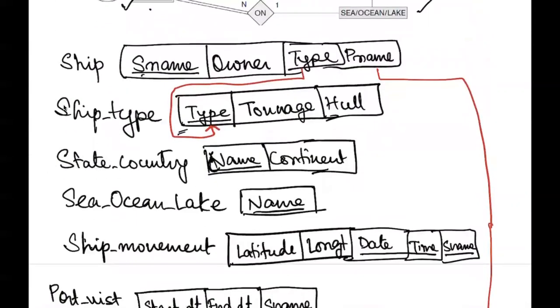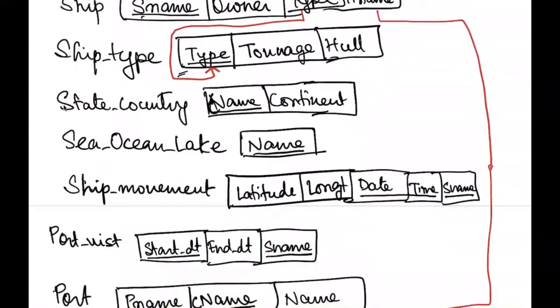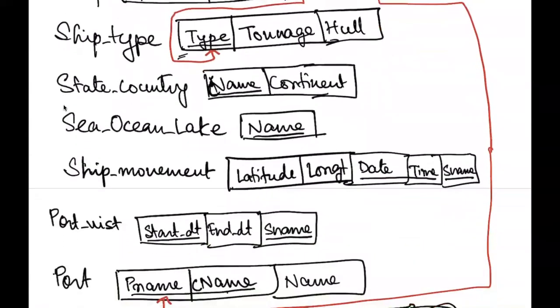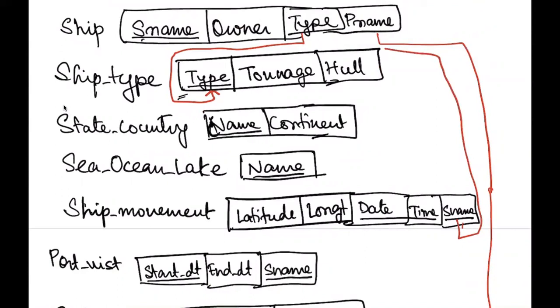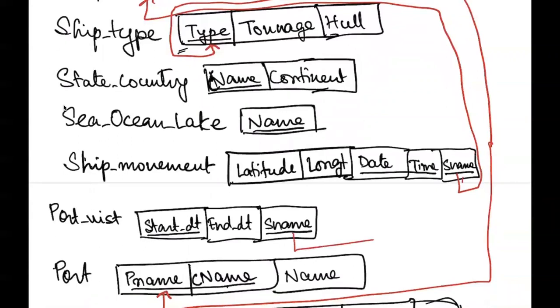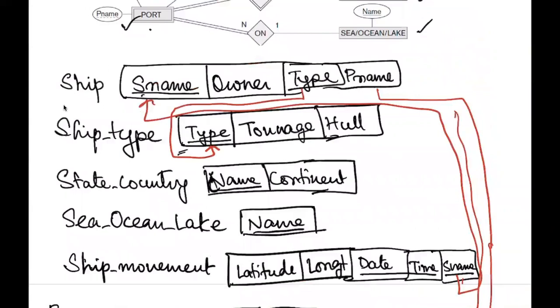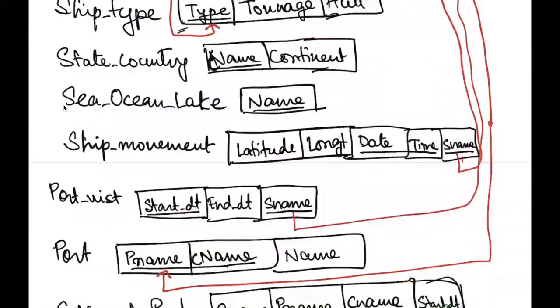Then similarly, what do we have here? Here, S name is referring to ship name. So S name is a foreign key referring to ship name, and you draw a line here. Similarly, here also S name referring to it. Please don't mind my curly writing, I don't have very steady hands.